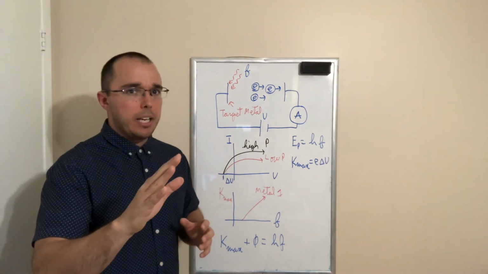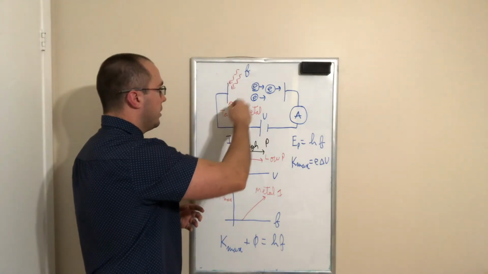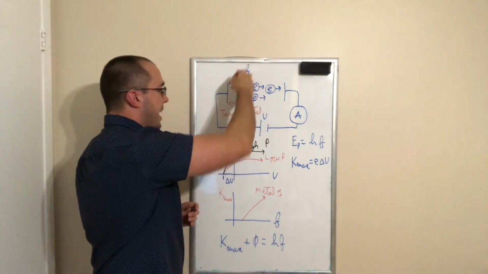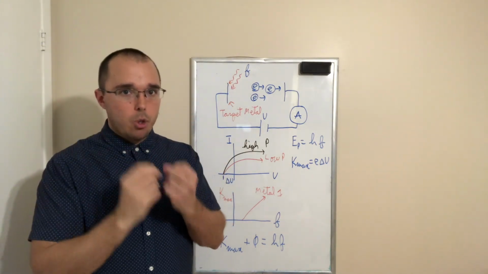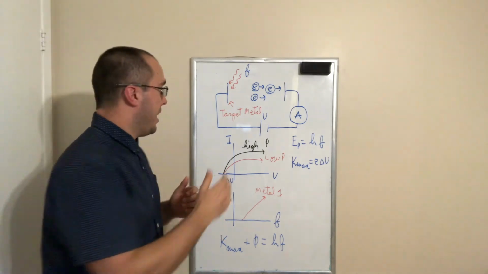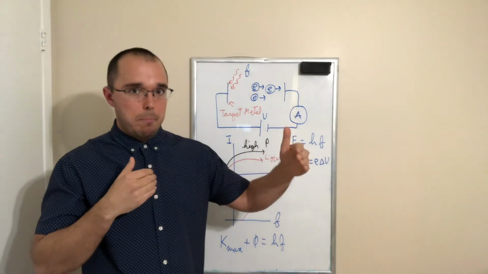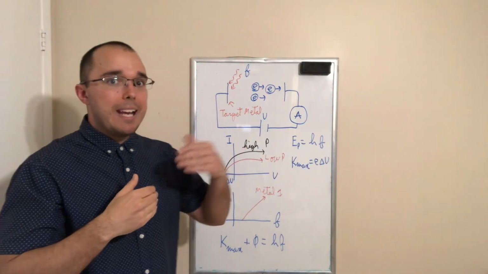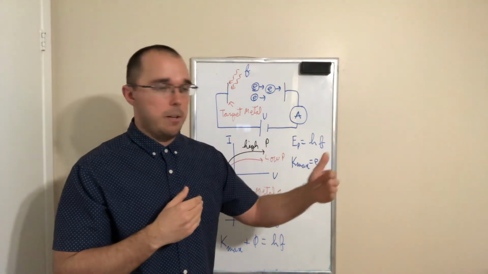So what's happening here? If we go back to the first diagram, we have the electron in the middle, a photon comes and strikes one electron. All the energy of the photon is being absorbed by the electron. This electron then is ejected, so it fights the binding energy of the metal, and then the remaining energy from the photon is transformed into kinetic energy.